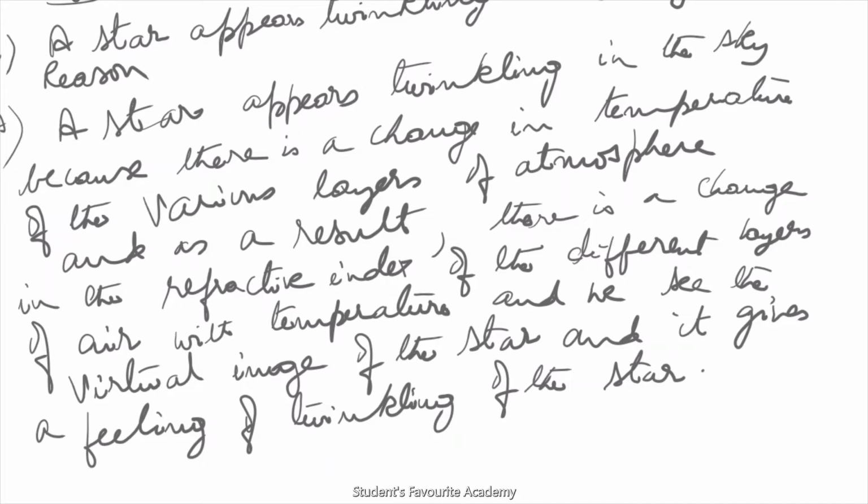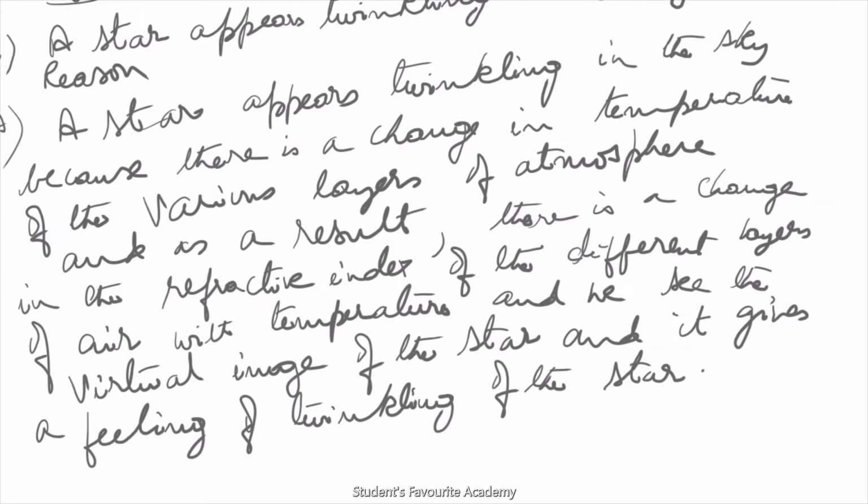Now on your textbook, if you place a glass slab on the printed content, the print appears raised, the letters appear raised, again because of the same refraction. Then a piece of paper stuck at the bottom of a glass slab appears to be raised when seen from above. All the reasons are same.